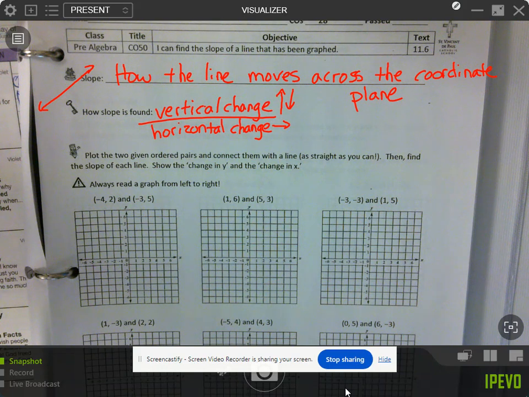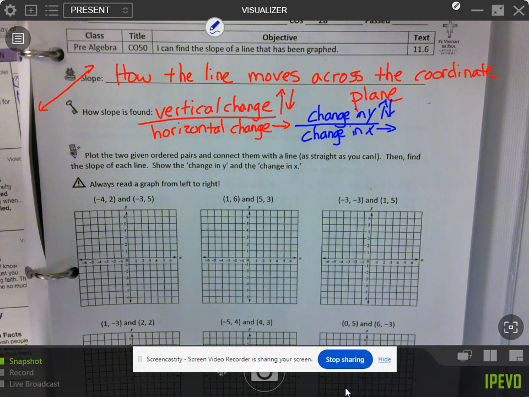Another way to say it is change in Y over the change in, what do you think? X. Because the Y-axis goes up and down, and that X-axis goes across.